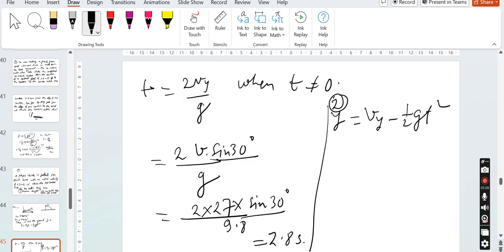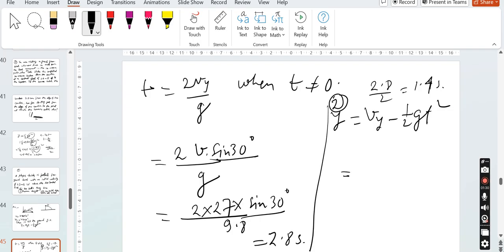The highest point the ball reached is at 2.8 by 2, that is 1.4 seconds. To obtain the height we need to know the y-axis displacement at half of the hang time.